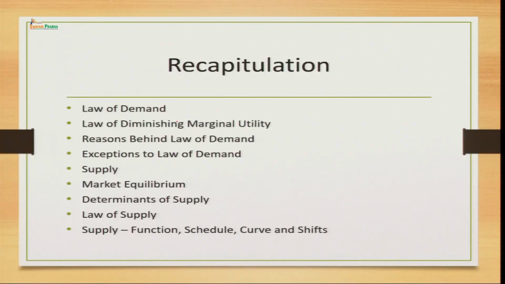Thereafter, we talked about the reasons behind the law of demand, why it exists and why, when the price of any commodity increases, its demand decreases. That happens because of the substitution effect, because we have substitutes available in the market. So, in case the price of any commodity increases, people shift their demand to the substitute product. It is also because of the income effect.